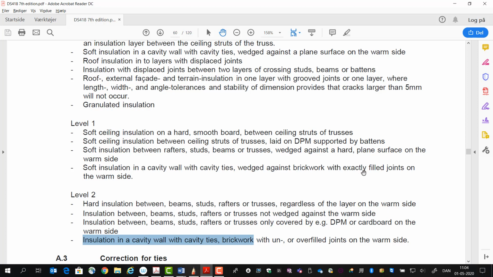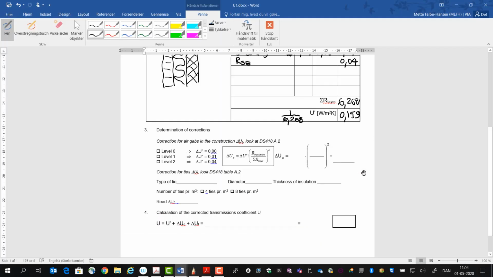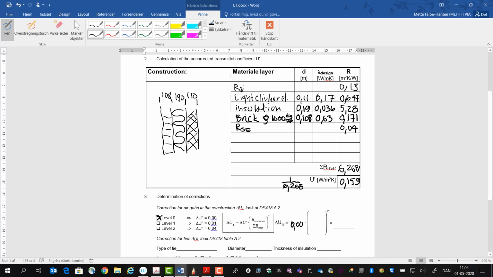So we go back and we can cross that here. And that gives us that delta U dot dot is 0.00. So that means that when we calculate this, it will give 0. But now I'll just fill it out so you can see where we get the numbers from.